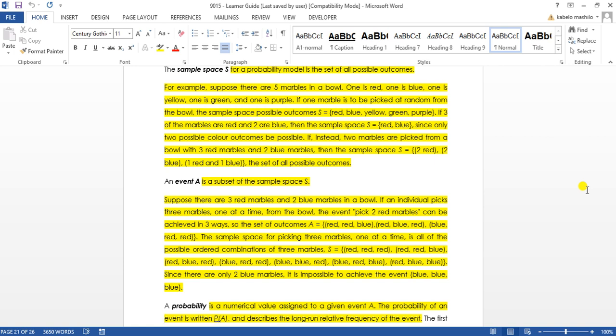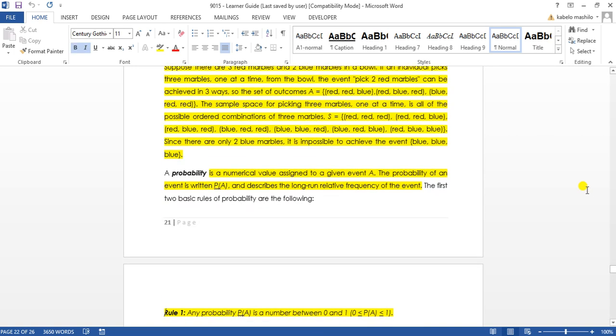The sample space for picking 3 marbles one at a time is all of the possible ordered combinations of 3 marbles, which is sample space S: red, red, red; red, red, blue; red, blue, red; and blue, red, red; blue, blue, red; and so forth. Since there are only 2 blue marbles, it is not possible to achieve the event blue, blue, blue.